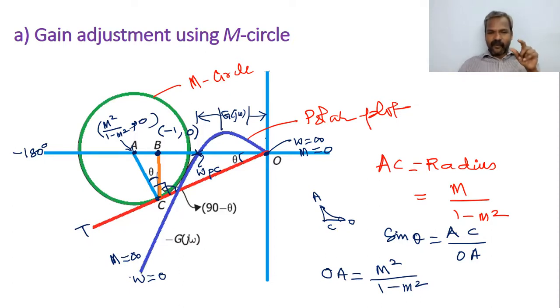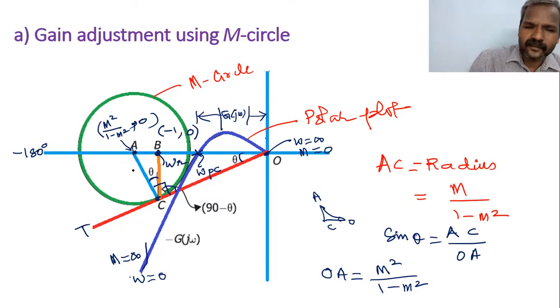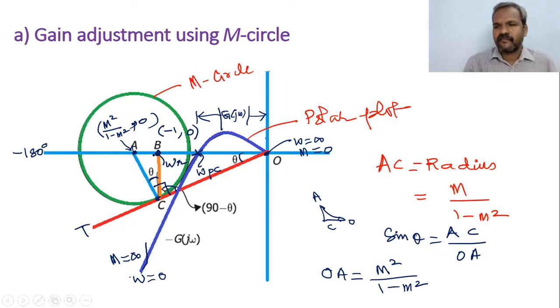This is the point where the phase angle will be maximum, so this point can be called omega r, the phase crossover frequency. Normally, if the polar plot crosses at less than minus 1, the system is stable.